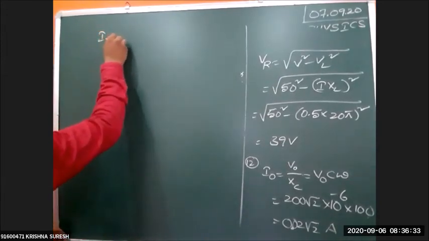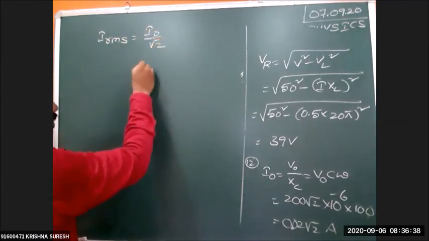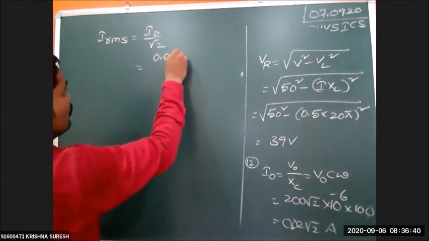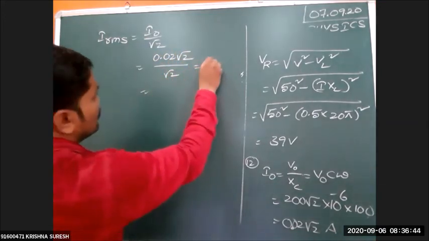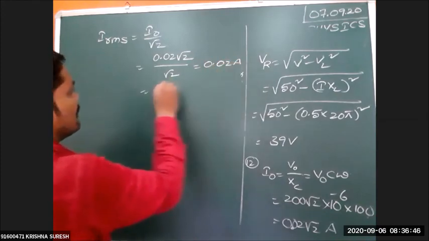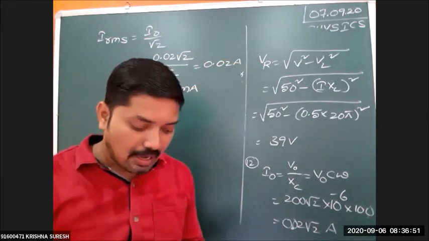So I RMS can be written as I naught by root 2, meaning 0.02 root 2 by root 2, so that is 0.02 amperes. That can be written as 20 milliampere.